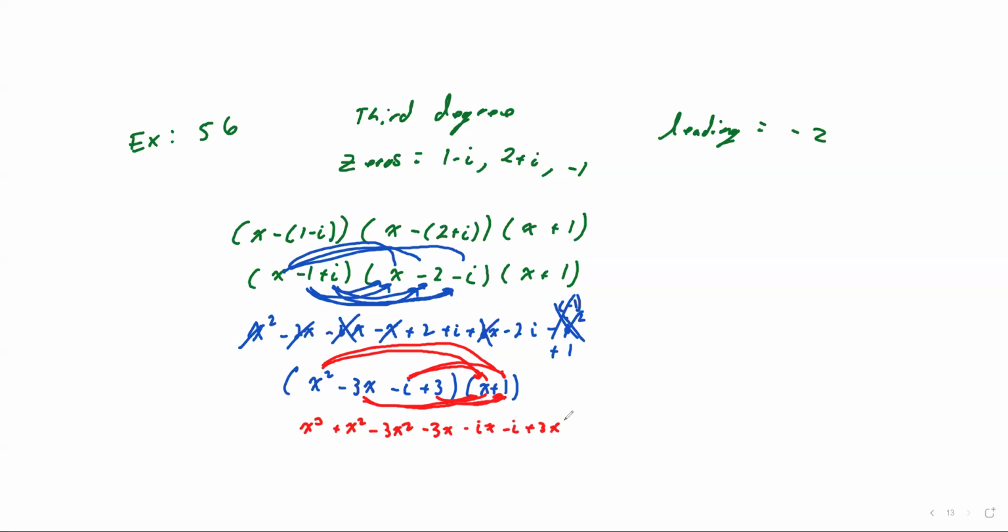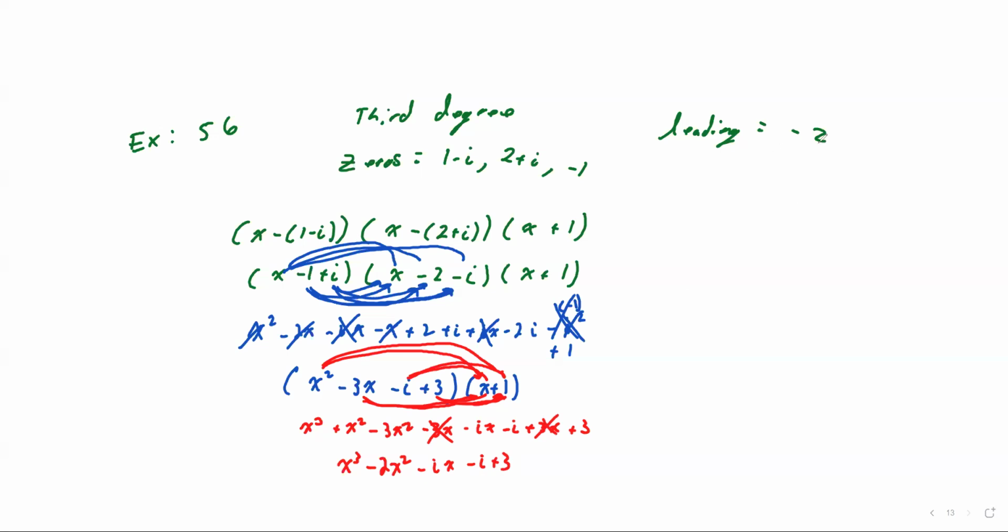And 3 times 1 is 3. Okay, I can combine a little bit. So x cubed, this right here would become negative 2x squared. Looks like the x's here would cancel. And looks like I then have negative ix minus i plus 3.